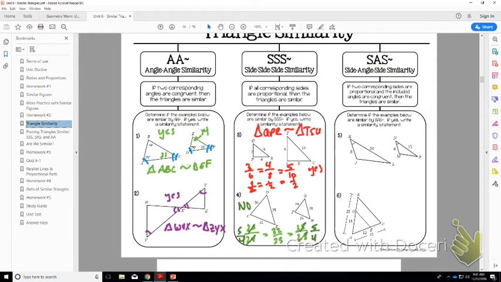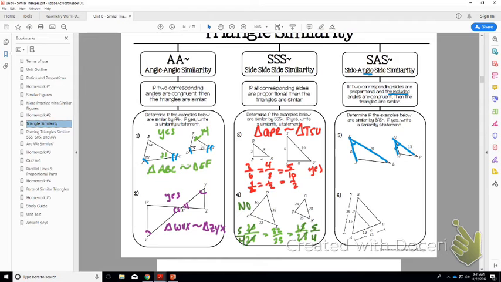And then our last one, side-angle-side. Remember that the angle has to be where? Included. Remember that the sides literally form the angle. So let's take a look at this one. They gave us K and N. The sides that form K are these two, and the sides that form N are these two.